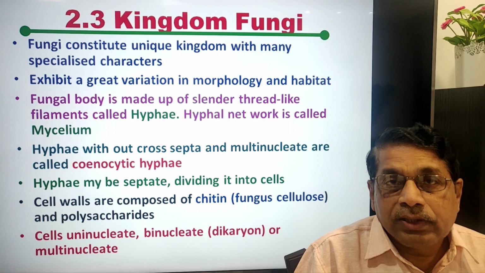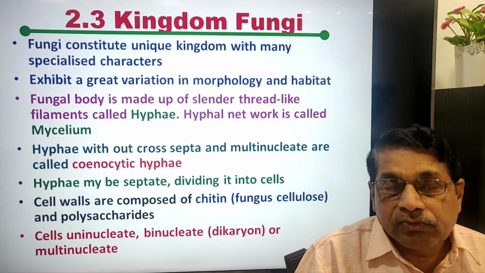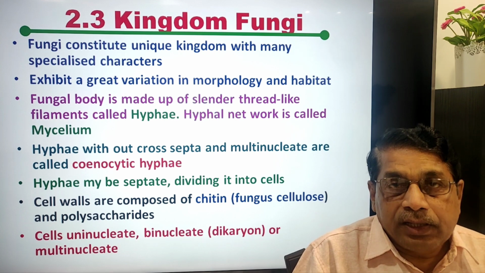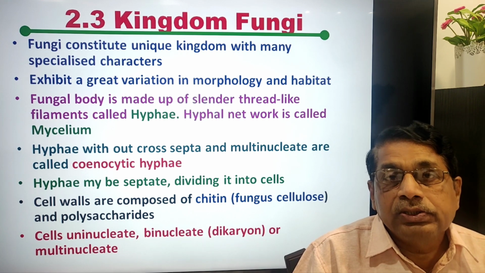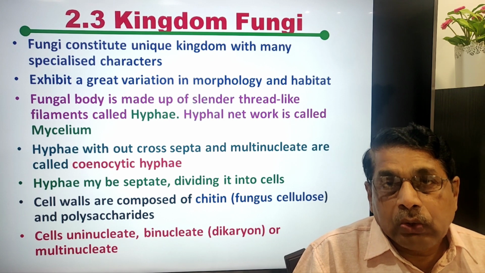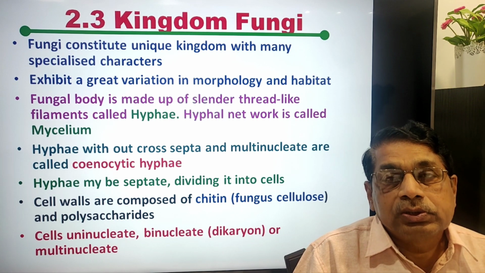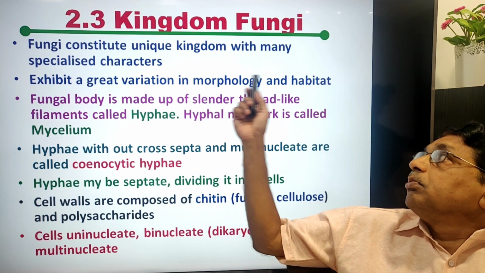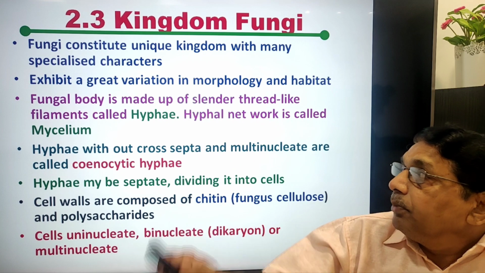They live in soil, they live in water, fresh water, marine water. They are parasitic on plants, they are parasitic in human beings, animals. Ecologically, they play a great role, as decomposers. So, thus, there is a great variation in morphology and habit.